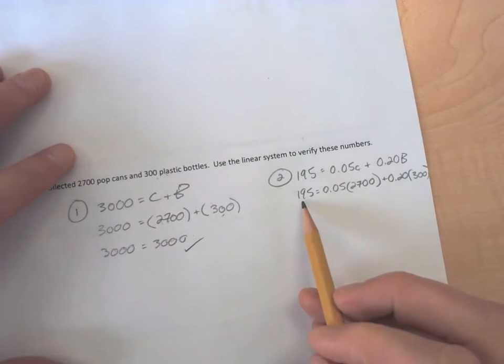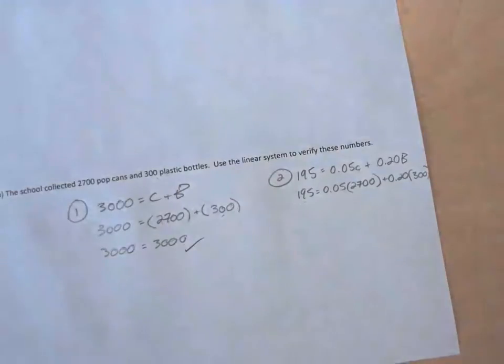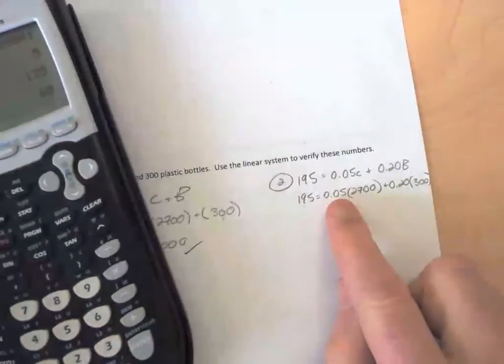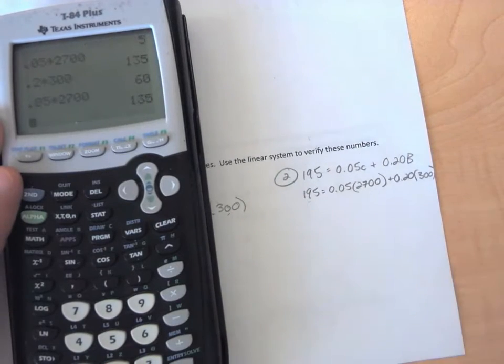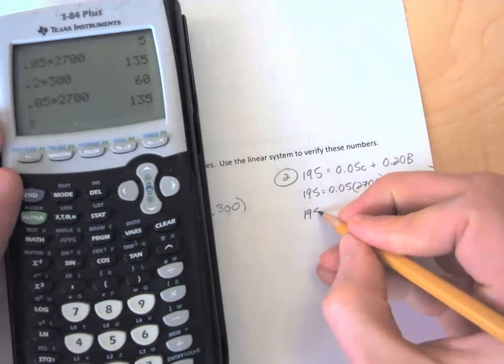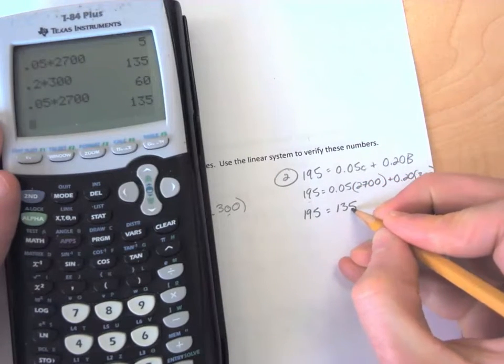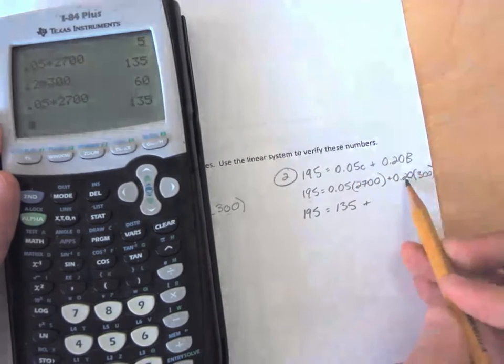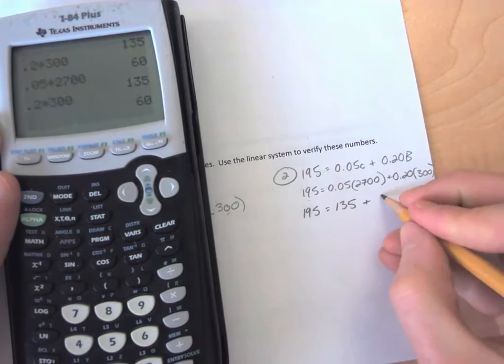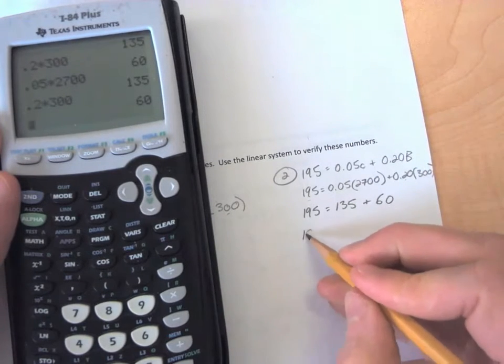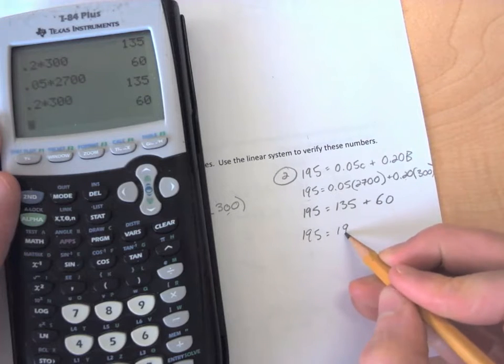And then once you have that, you can use the help of a calculator. What's 0.05 times 2,700? It's 135. And then we have to have the plus there. What's 0.2 times 300? That's 60. And then overall, if we add those two, we get $195.